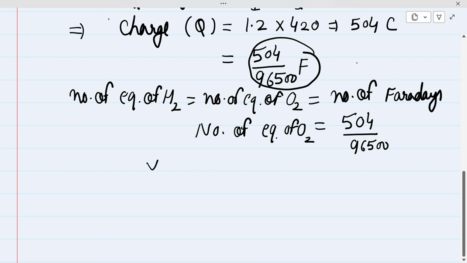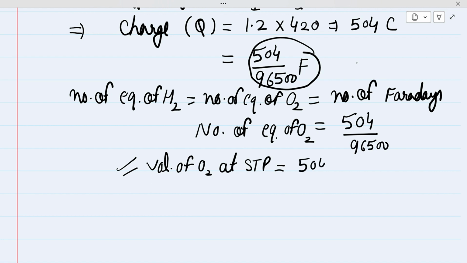We can calculate the volume of O2 at STP in the second stage. Second stage means when we are performing electrolysis after finishing all the copper, for 7 more minutes.